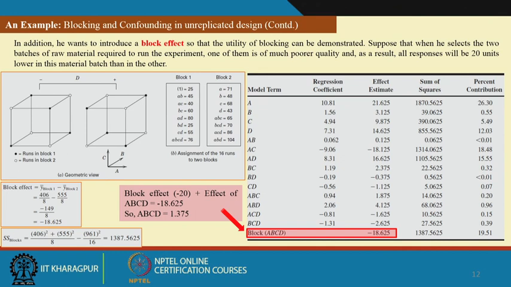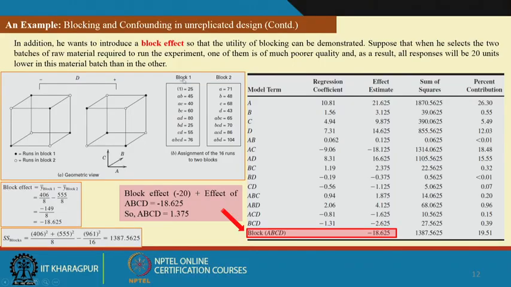We said that you go by defining contrast, or you first find out which effect is to be confounded, and then for that effect find out the contrast with plus and minus signs, and then all of block 1 will go to the minus sign and block 2 to the plus sign, or using the defining contrast you find out.